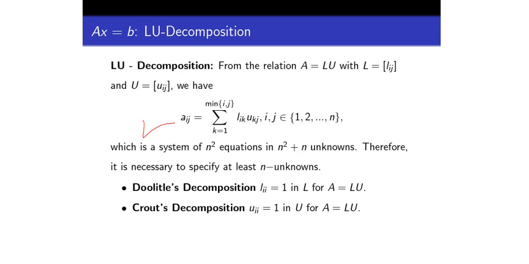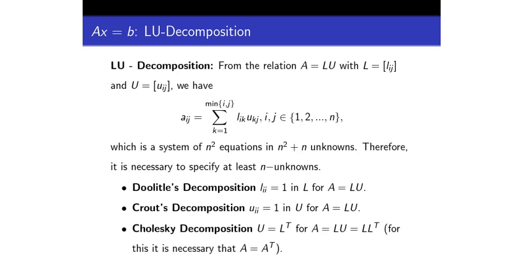The last decomposition we are going to learn is Cholesky decomposition, which turns out to be very popular when you know that A is a symmetric matrix. For Cholesky decomposition, it is necessary that A equals A transpose, meaning A is symmetric.